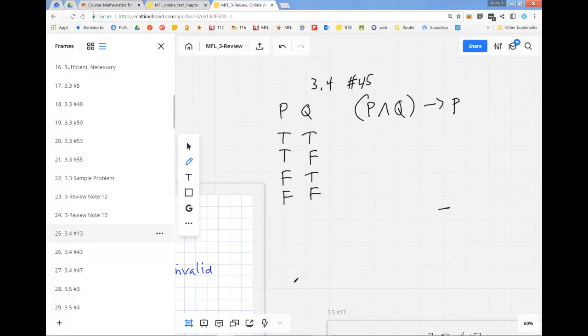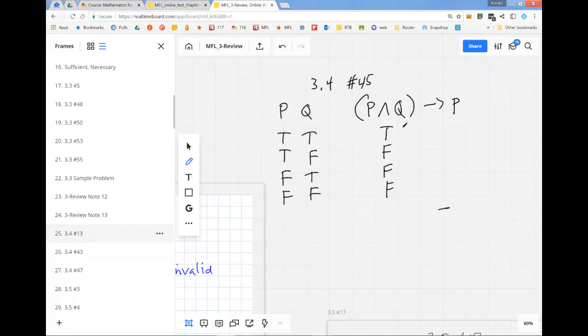Only true and both are true. True, I think, for the first one. Does that column look correct that I just wrote? Yes. Oh, wait, you mean the middle column or the Q column? The P and Q column.